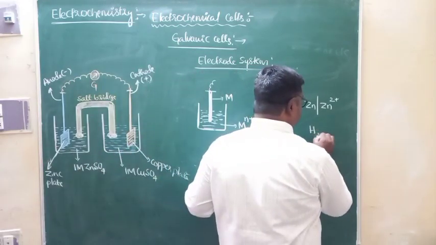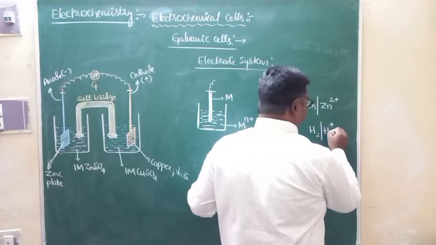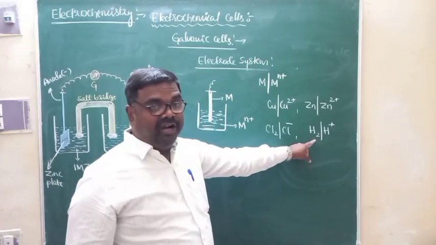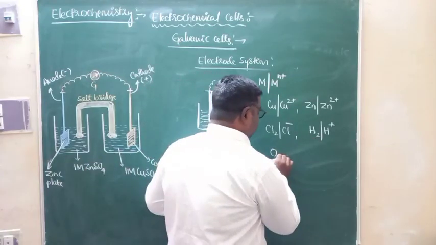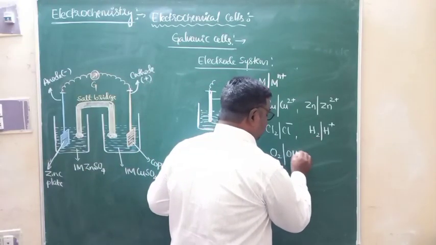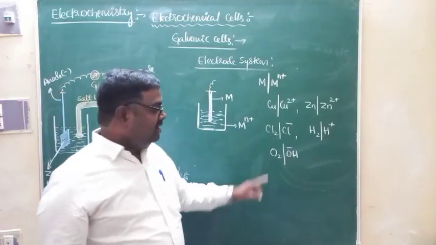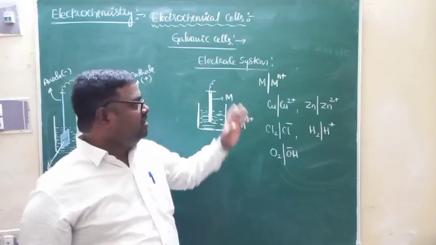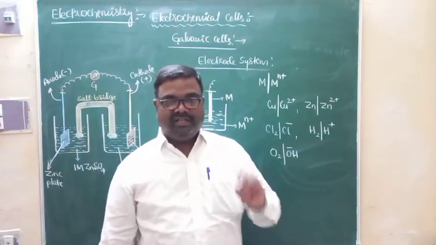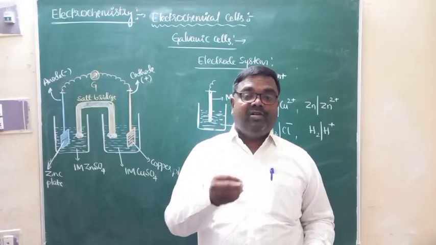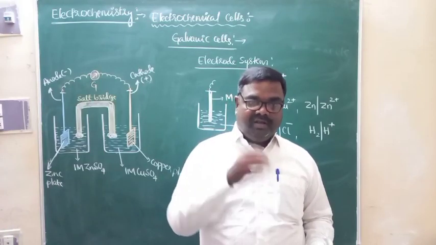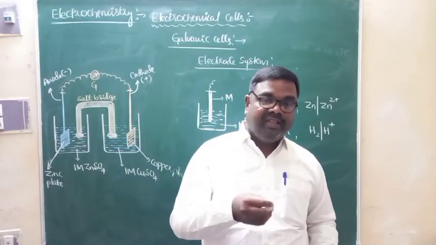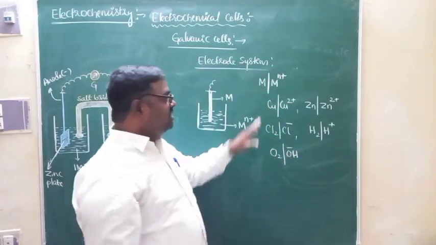When hydrogen is placed in a solution containing H plus ions, which are the ions of hydrogen, you get a hydrogen electrode. When oxygen is placed in a solution containing its own ions, OH minus ions, that results in an oxygen electrode system. That is, an electrode system is a system where the element is brought in contact with its own ions.